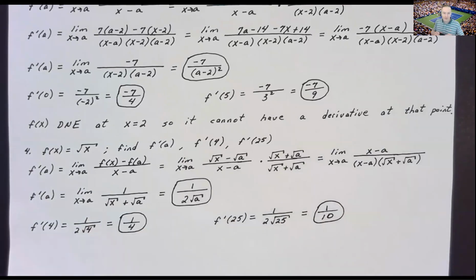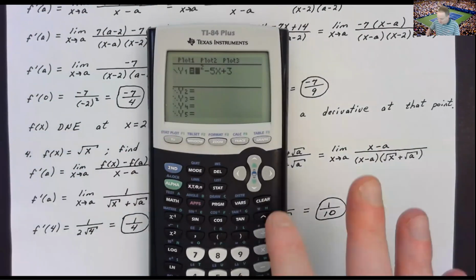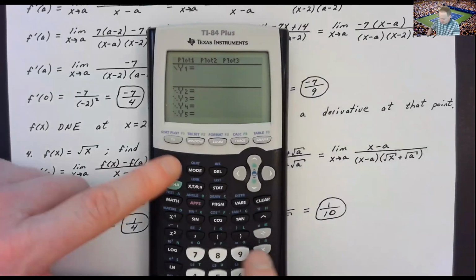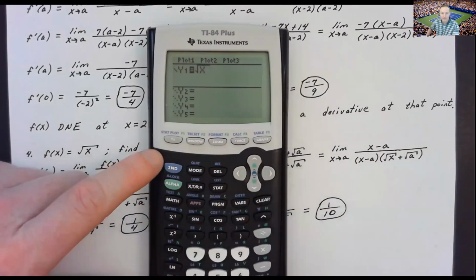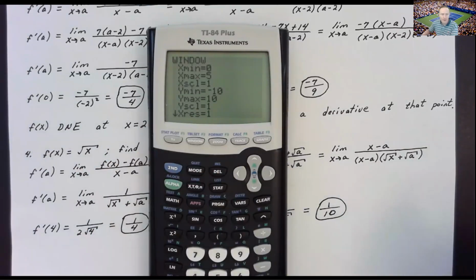So for example here, guys, let me show you. If I took a square root function on your calculator, I'll say y is equal to the square root of x. Let me go into the window here. I want to see all of the values that I have in this problem.